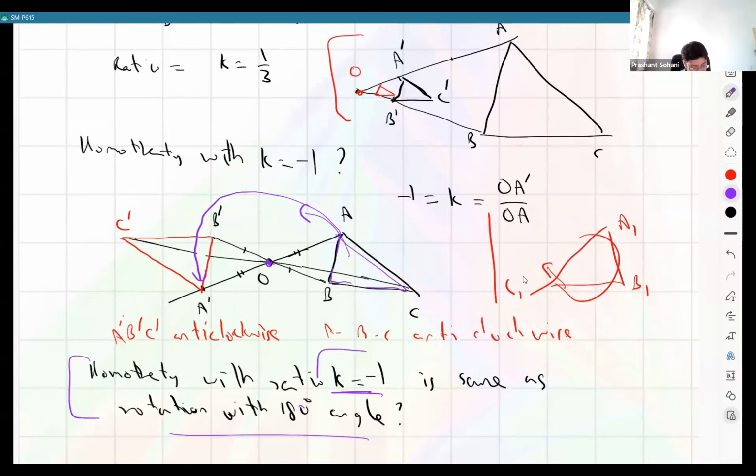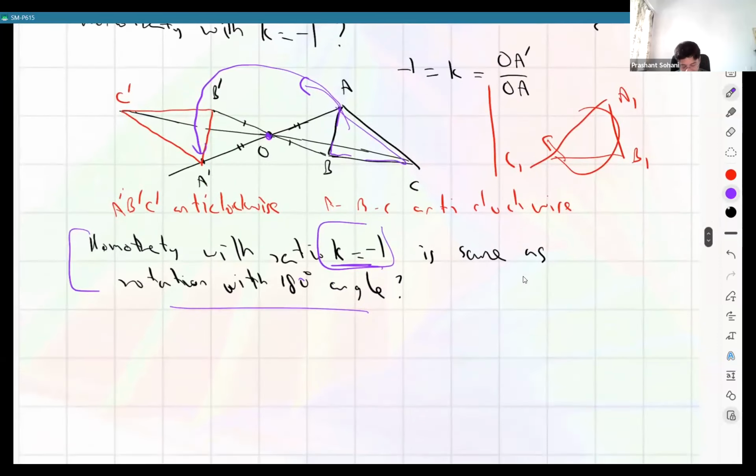But of course, this is a special case of k equal to -1, because there the new triangle and the original triangle are congruent. But I could draw a diagram where k is negative but not -1. Suppose I try to draw a diagram of k equal to -2. So now what will happen with k equal to -2?